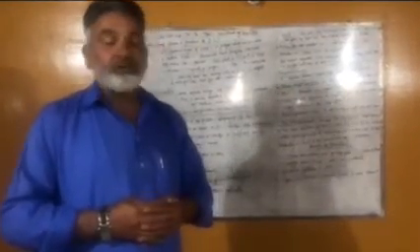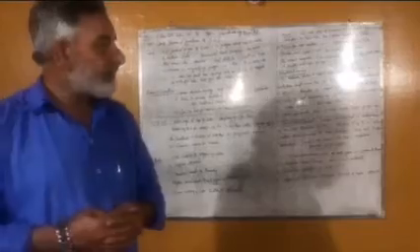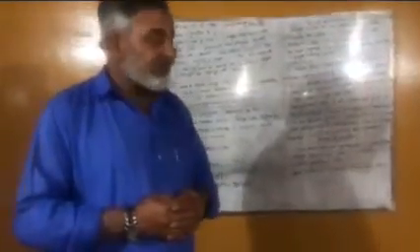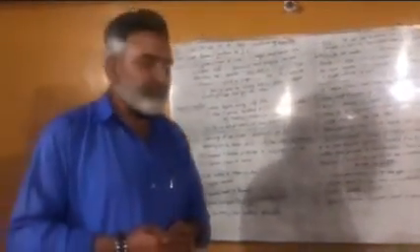The council regulates and coordinates the economic, social, cultural, educational, and health activities of the UNO. Its main functions are, first, it initiates studies and reports with respect to international economic, social, educational, and cultural activities.